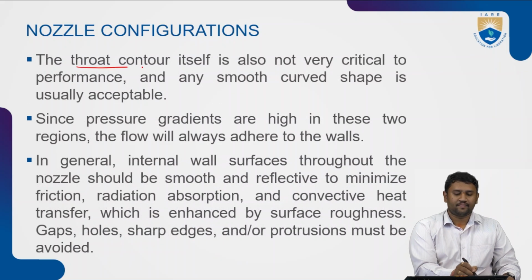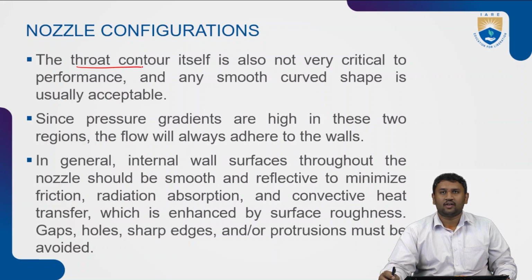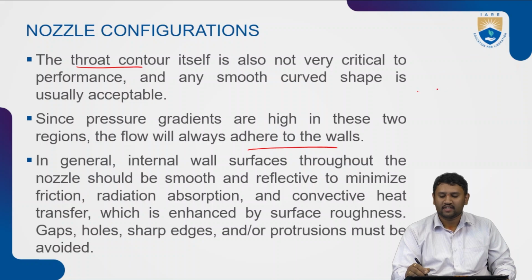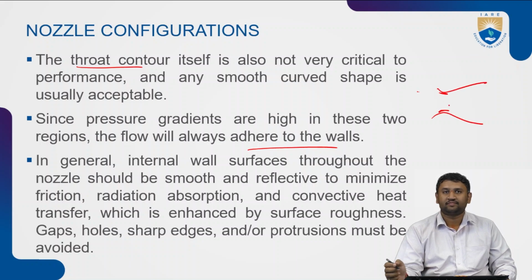The throat contour itself is not very critical to performance, and any smooth curved shape is usually acceptable. Since the pressure gradients are high in these two regions, the flow will always adhere to the walls. It means the flow will always stick to the walls.